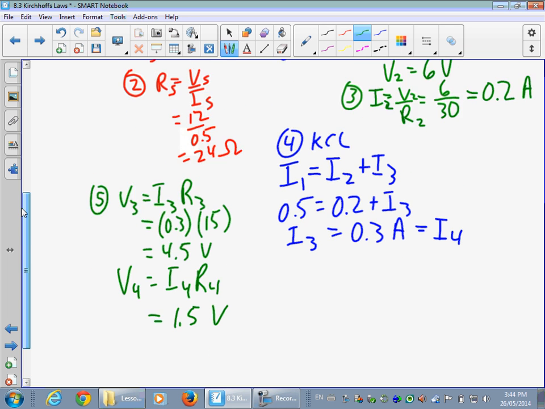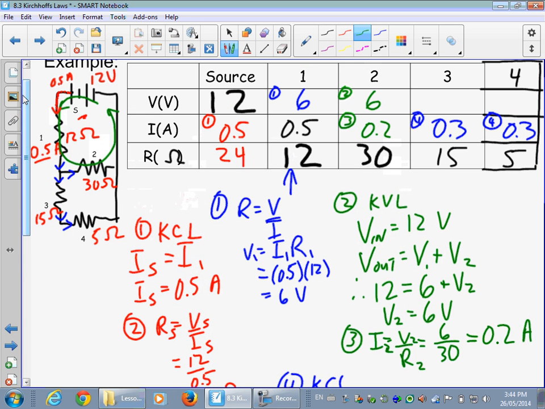So if we head back up to our chart, in step 5, we get 4.5 volts and 1.5 volts. The great thing with these is that you can check your answers, because most of the time there's going to be two different ways of calculating that last value.